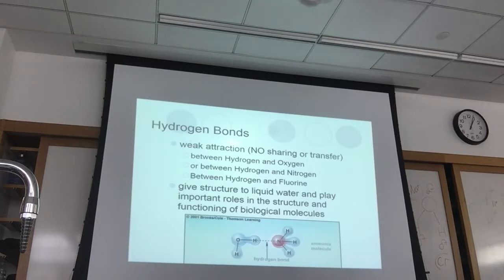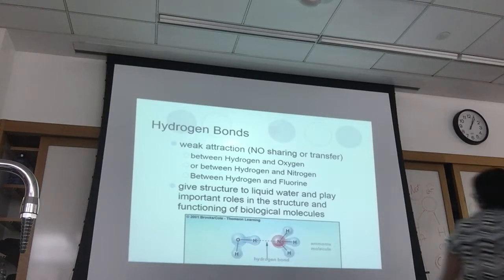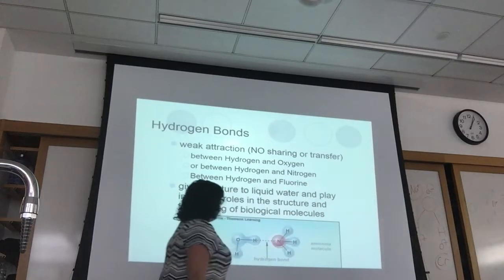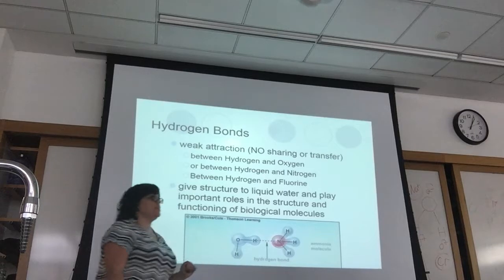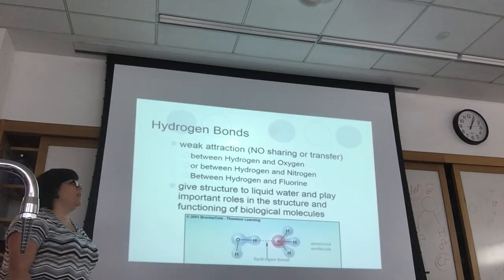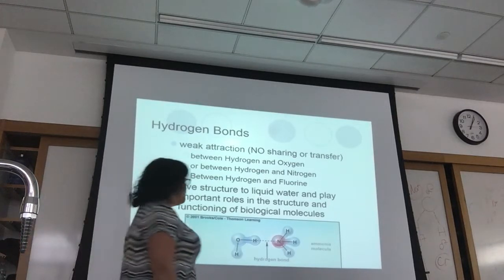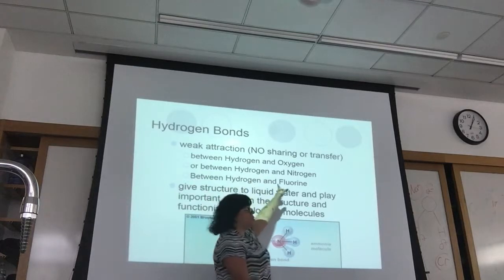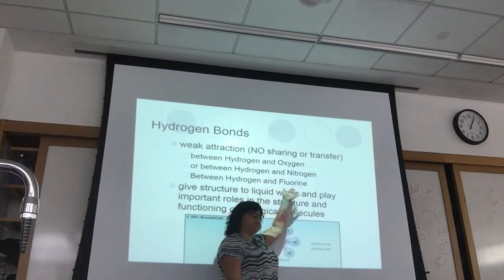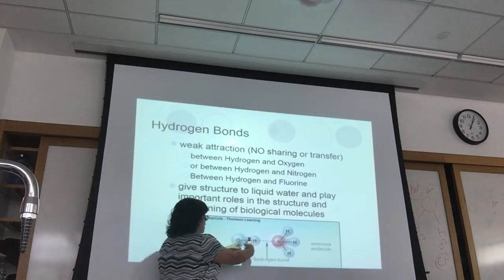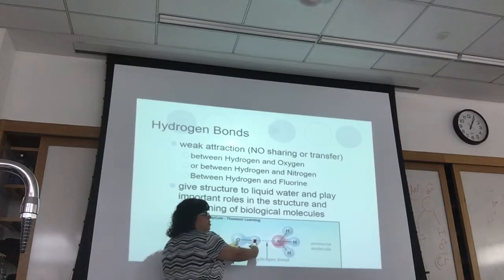Oh, I see a question back. I know you said that just because hydrogen is involved doesn't mean that there's a hydrogen bond, but with those three, is there always a hydrogen bond? Like with nitrogen and fluorine? It can be. There can be cases where oxygen and hydrogen are not going to hydrogen bond. Instead, they're going to covalent bond to each other.